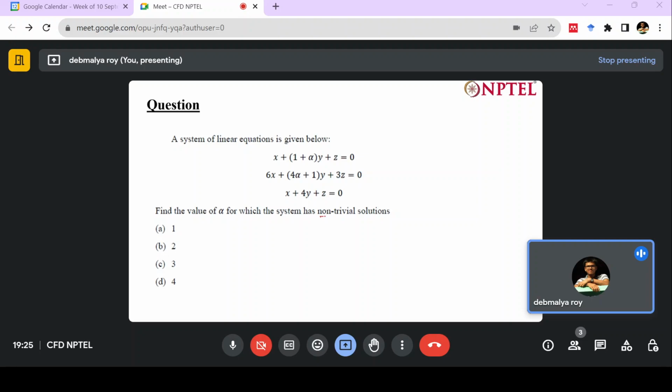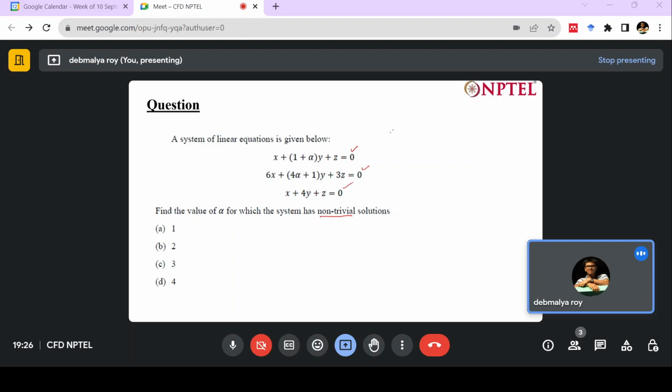So what do we mean by a non-trivial solution? One thing that can be noted for this system of equations is that its right hand sides are all zero. So this is a homogeneous set of equations. This is not an inhomogeneous set of equations. For a homogeneous set of equations, one solution that always exists is the trivial solution.